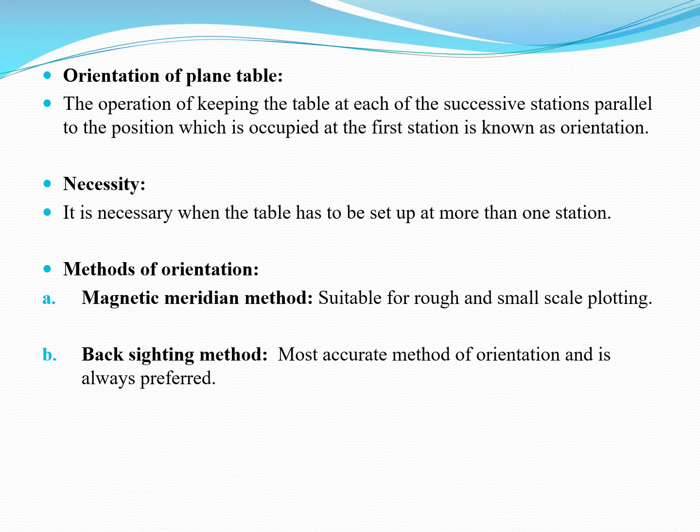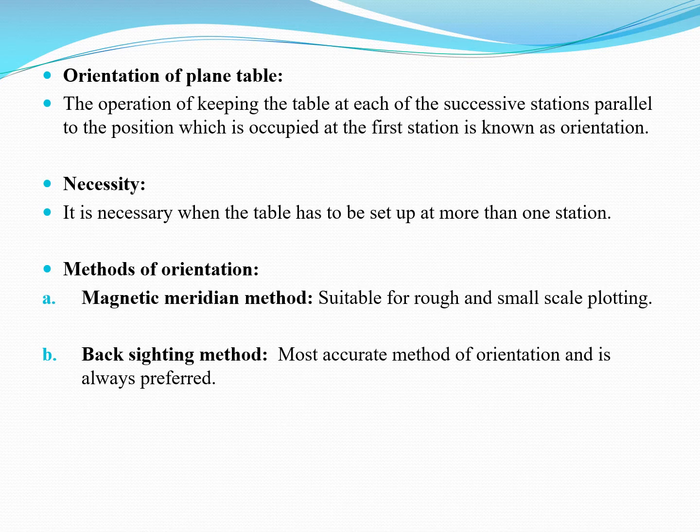Okay, so orientation may be done by two methods. First one is the magnetic meridian method and second is the backsighting method. So first we see the magnetic meridian method.